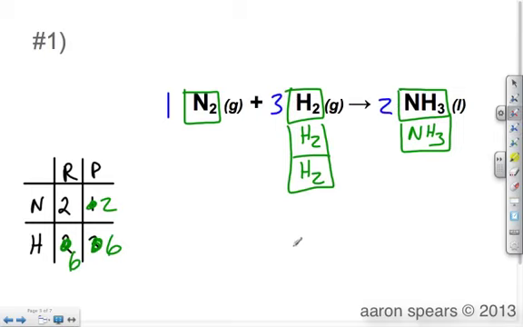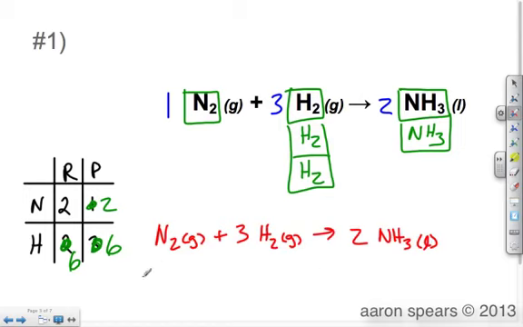Okay, to write the balanced chemical equation, I'm going to write out the chemical equation minus the boxes. N2 gas plus 3 hydrogen molecules yields 2 liquid ammonia molecules. Now the coefficient of 1 was left off of my chemical equation because in math and science the number 1 is understood.